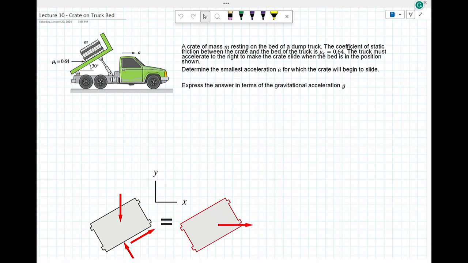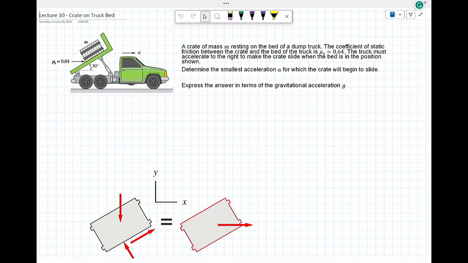The coefficient of static friction between the crate and the bed of the truck is mu sub s equals 0.64. The truck must accelerate to the right to make the crate slide when the bed is in the position shown. Determine the smallest acceleration A for which the crate will begin to slide, expressed in terms of gravitational acceleration g.